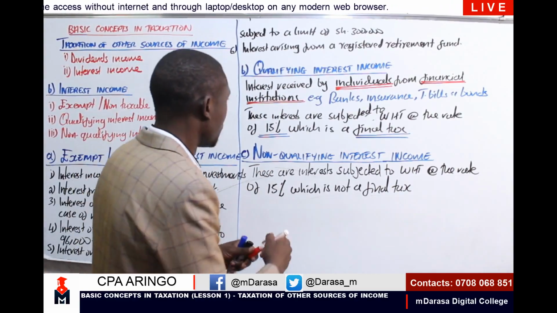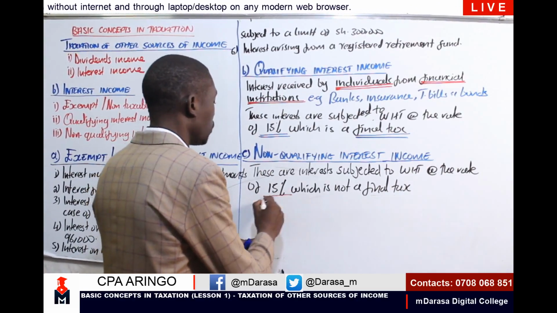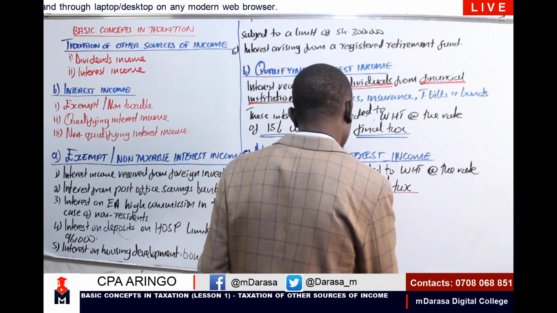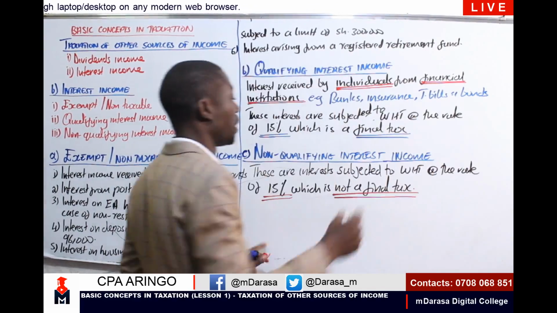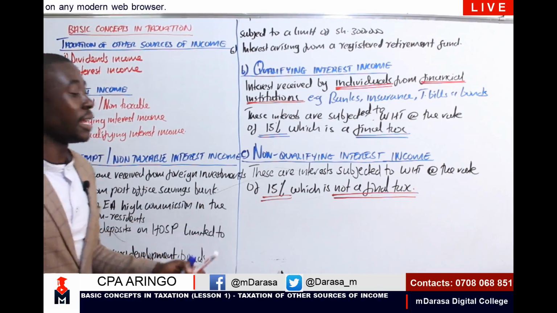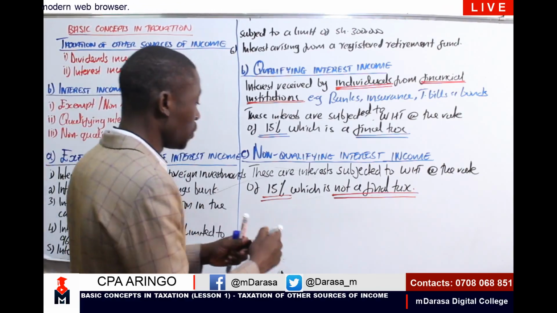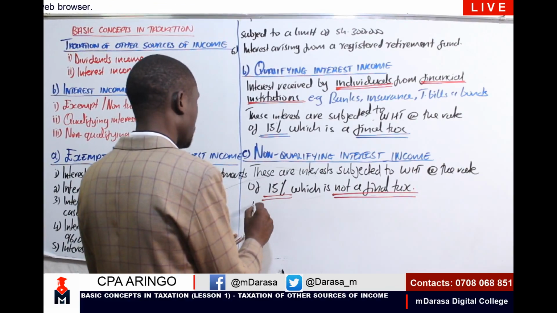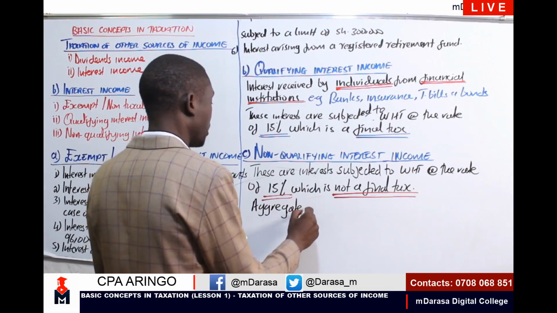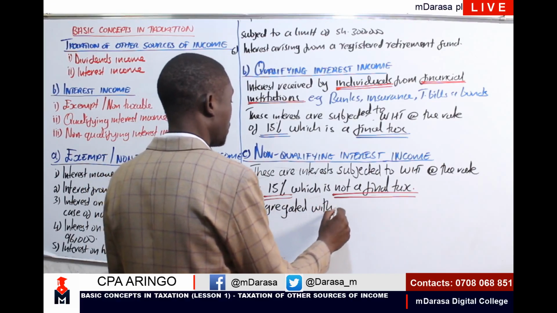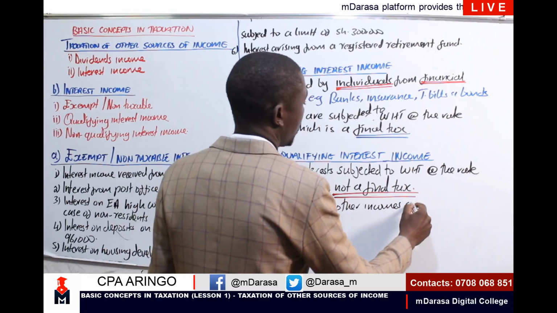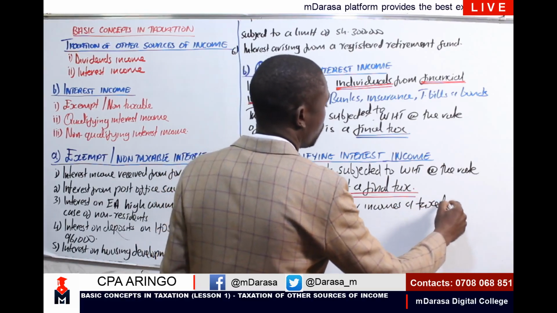So these interests are going to be aggregated with other incomes and taxed further.